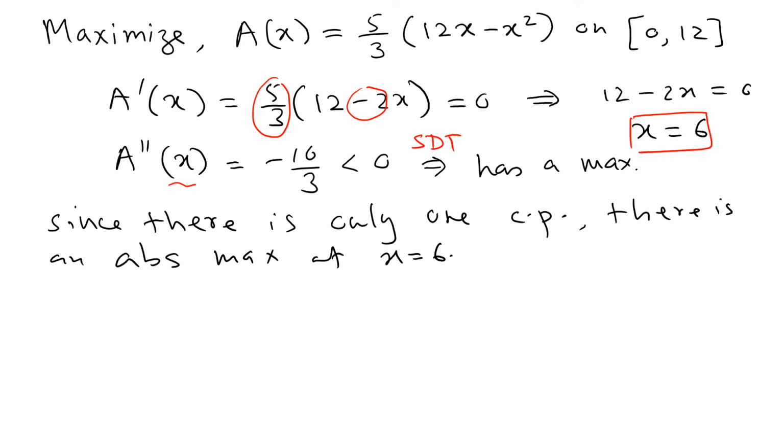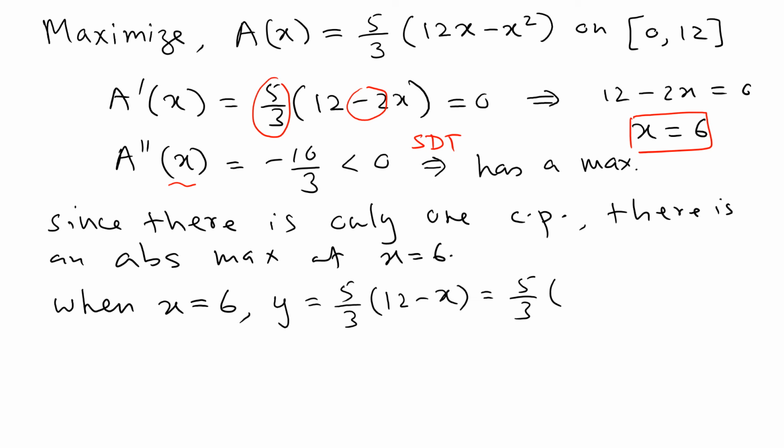Now we can find the corresponding y. We normally do that after we justify this, because otherwise you can waste time if there are multiple points. When x equals 6, y equals 5/3 times 12 minus 6, so you get 10. So 10 is the corresponding y value.